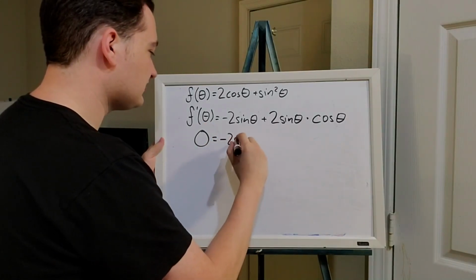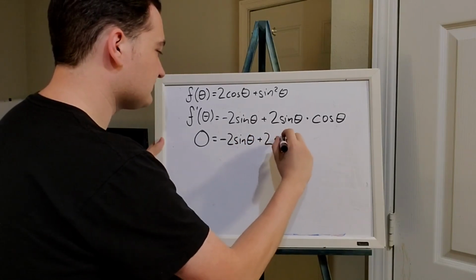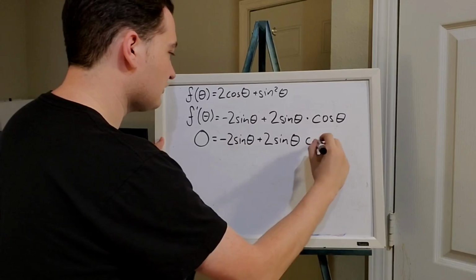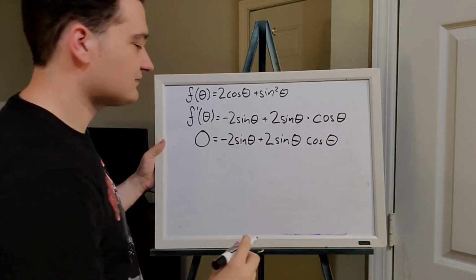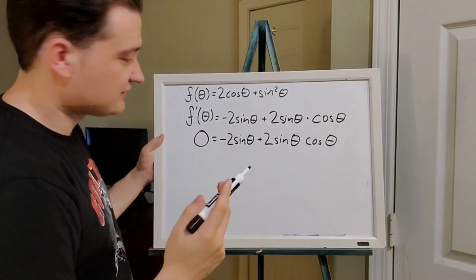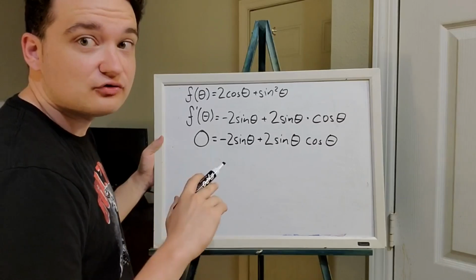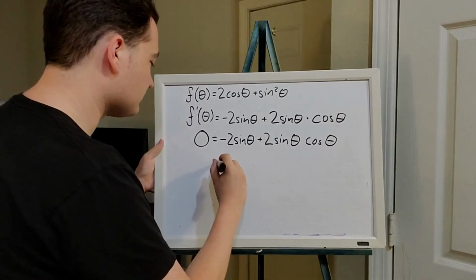Negative 2 sine of theta plus 2 sine theta cosine theta. And then, there's a couple different ways you could deal with this. Me personally, I am going to factor 2 sine out of both of these terms.